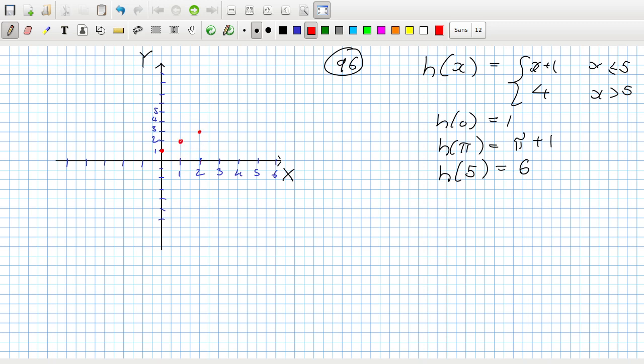When x is 2, we get 3. And then when x is 5, we get 6. Then when x is more than 5, we get 4. So you don't actually get the 4 here when x is 5. So that's kind of open there, and that one's closed.